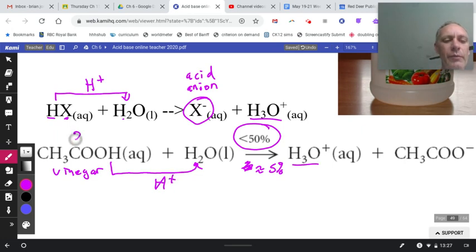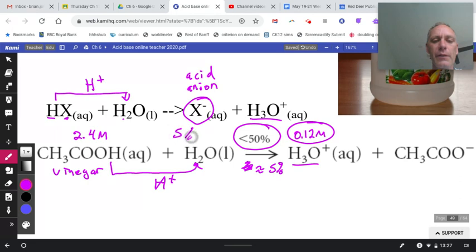So let's say we started with our 2.4 mole per liter and only 5% of 2.4 would be 0.12 moles per liter. So you can see you get a lot less product when only a small amount of the acid reacts, 5% of it going forward.